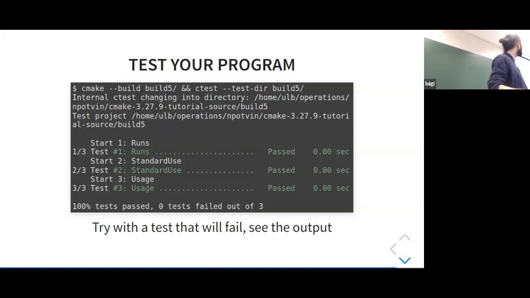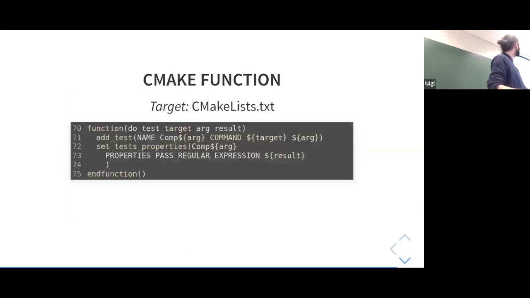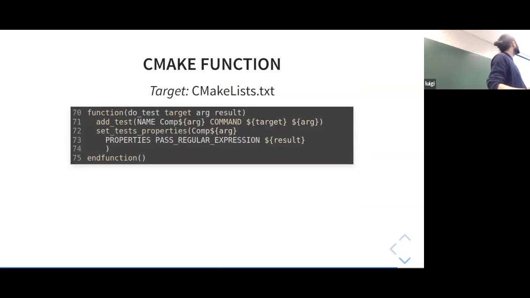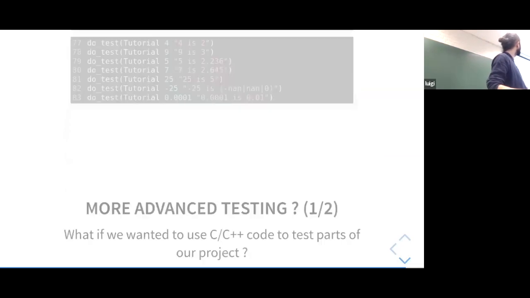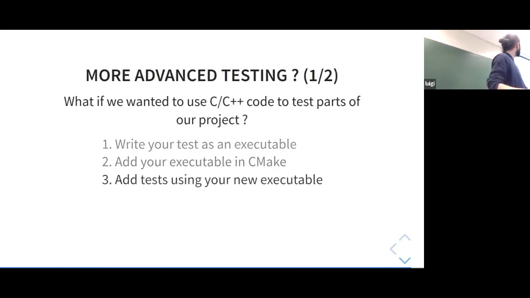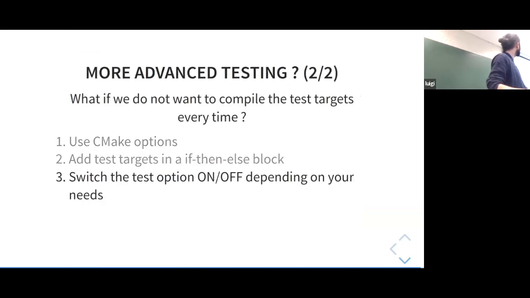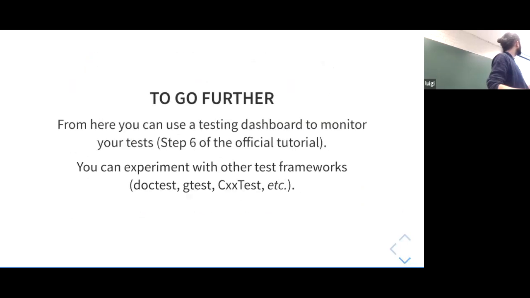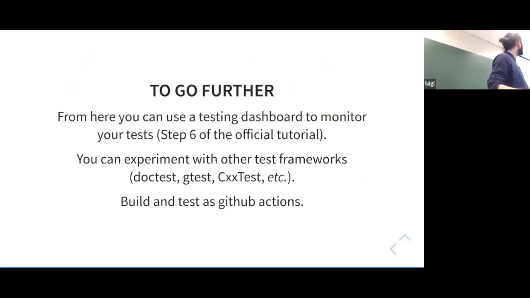So with tests, you can test everything still runs. You can also define some CMake functions inside of CMake. Everything I skipped here is also in the tutorial, so if you're interested, don't hesitate to go check the tutorial online. It's very well made.